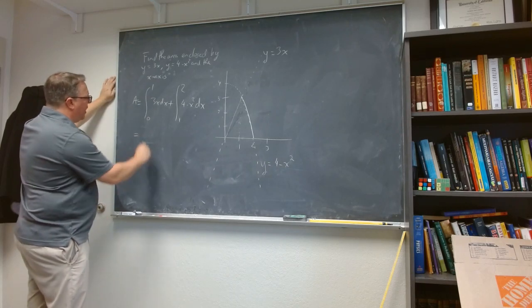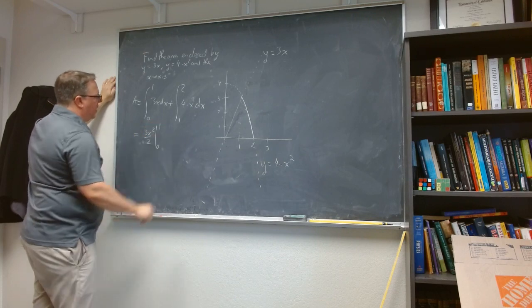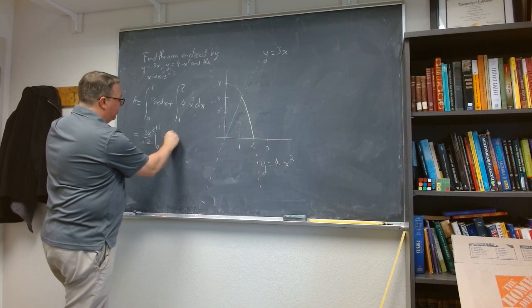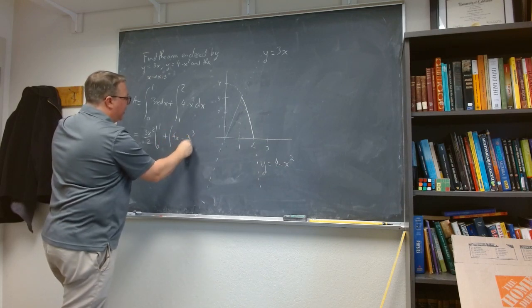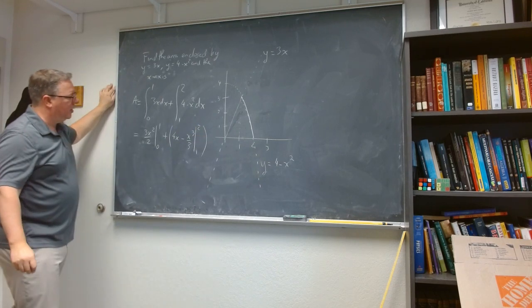So the integral of 3x is 3x squared over 2, evaluated from 0 to 1, plus the integral of 4 minus x squared, which is 4x minus x cubed over 3, and we plug in and evaluate from 1 to 2.